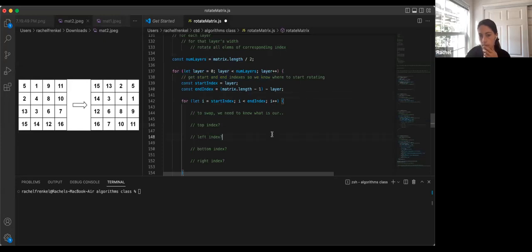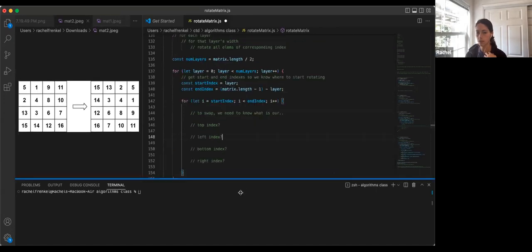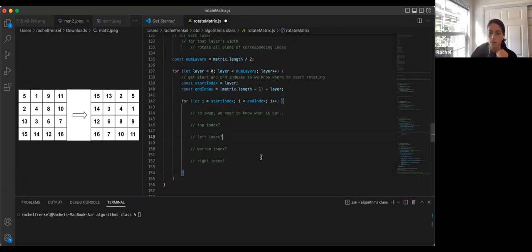So this is what we've already done together so far. For each layer, go through and swap first the corners, and the corner plus 1, and the corner plus 2, until we get to the width of what we're trying to swap, which is the full thing minus 1. And now go on to the next layer and do the same thing.